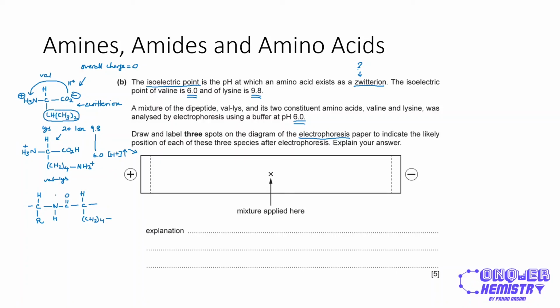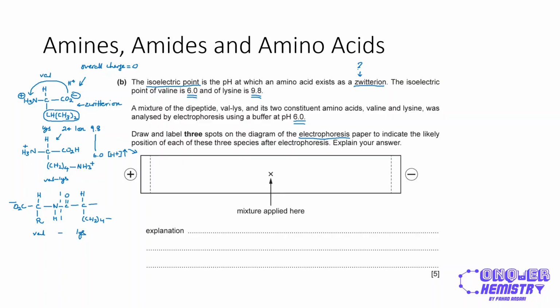This is the valine part on this side of the peptide bond, and over here we have CO2H. So the CO2H will exist as CO2 negative, because that is what happens when it is a Zwitter ion, right? So that's the valine part.